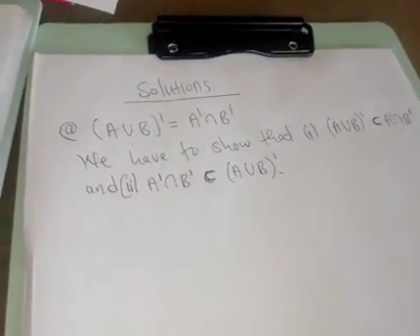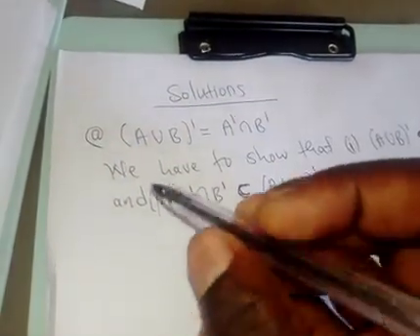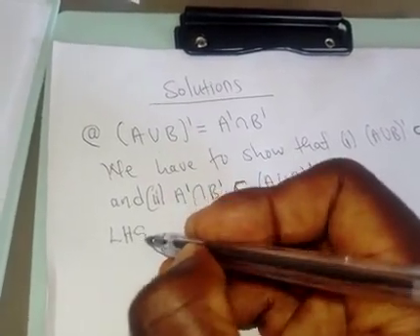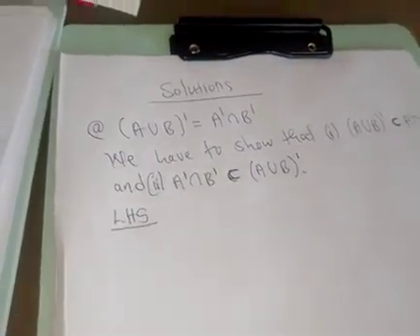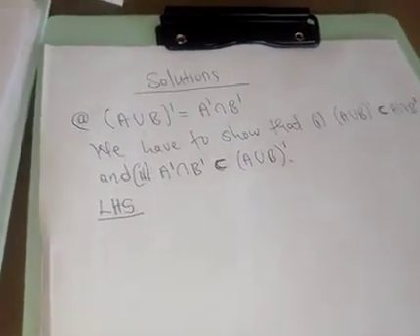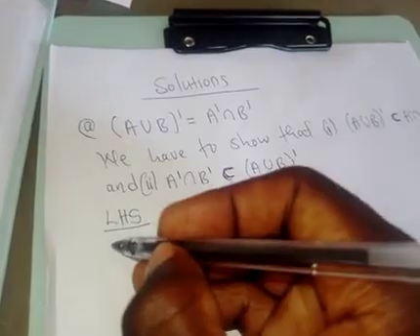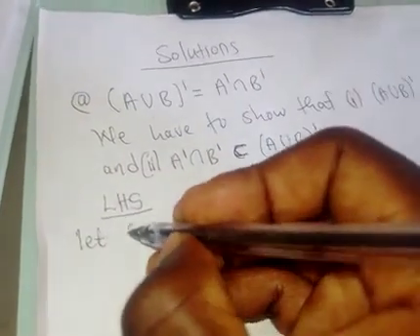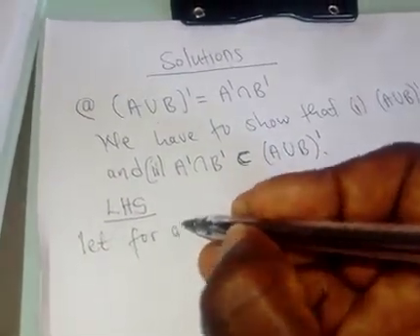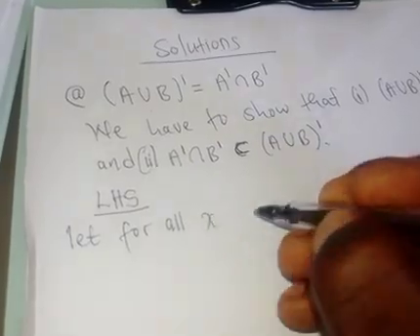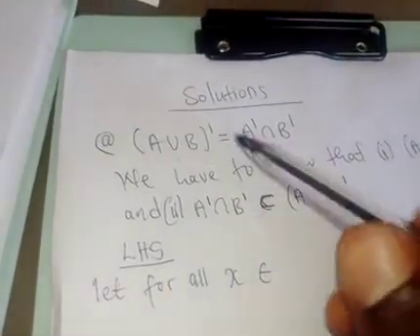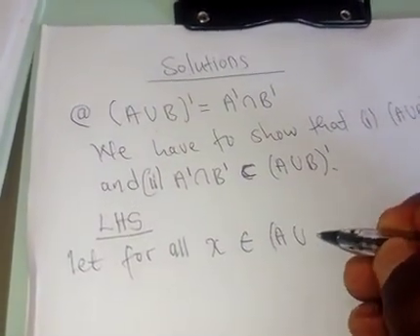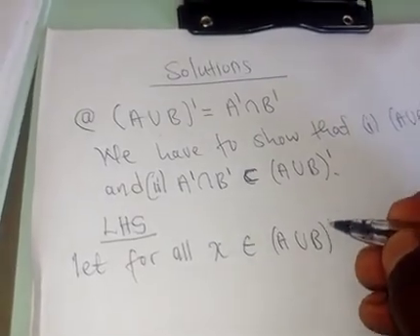Then the second thing: you start from the left hand side. From the left hand side you say, let for all x's be members of what you have on the left hand side, so (A union B) complement.